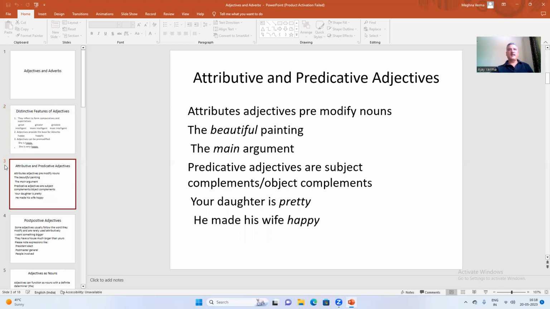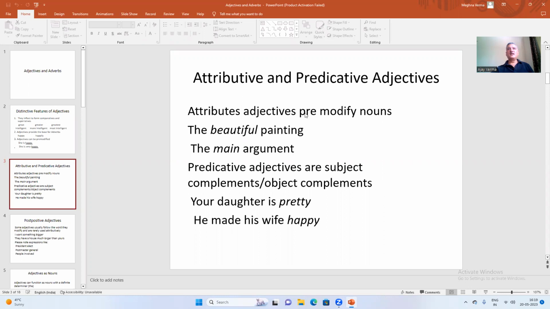After this, as far as the function of adjectives is concerned, they are mainly divided into attributive adjectives and predicative adjectives. Attributive adjectives pre-modify nouns. Predicative adjectives are either the subject complements or object complements. Now let us understand this.